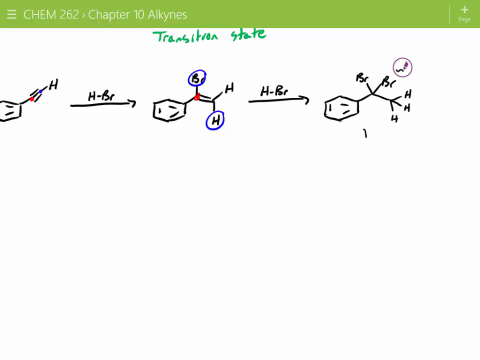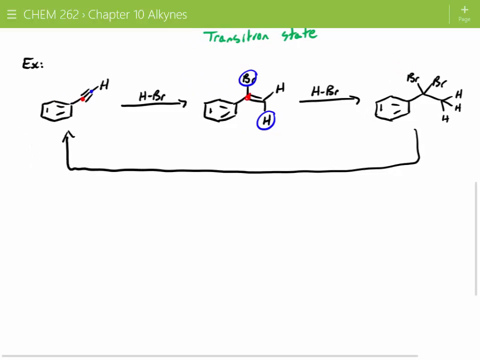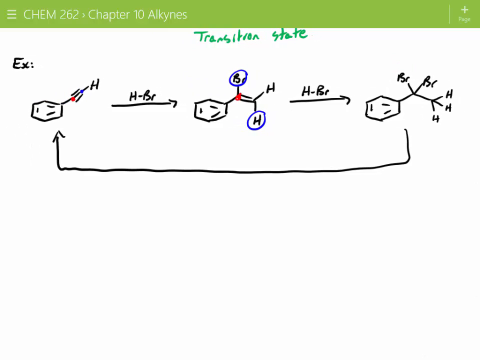Now, does anybody remember how we can go backwards in this reaction? Go from our geminal dihalide to our alkyne. It's not Le Chatelier's principle. This is what we covered yesterday. We're going to do a double E2 elimination reaction.